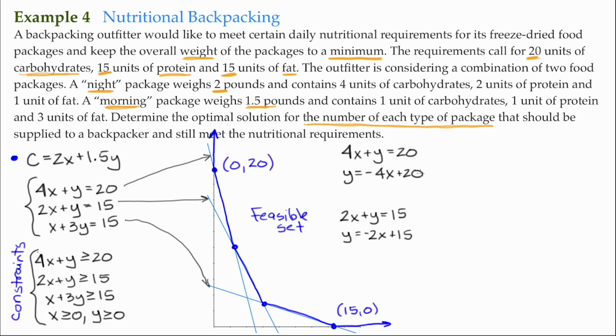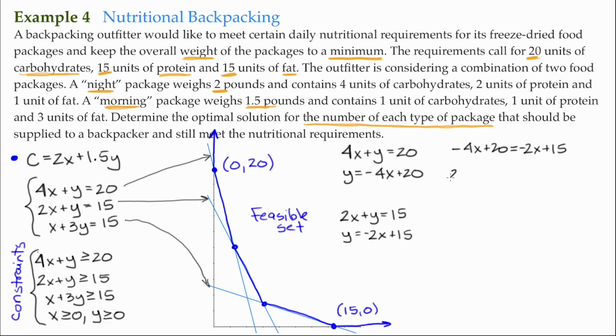To determine the coordinate, we'll make these two equal to each other, solve for x, and then use that x to help determine y. So we have negative 4x plus 20, make that equal to negative 2x plus 15. We can add 2x to either side and then subtract 20 from either side.